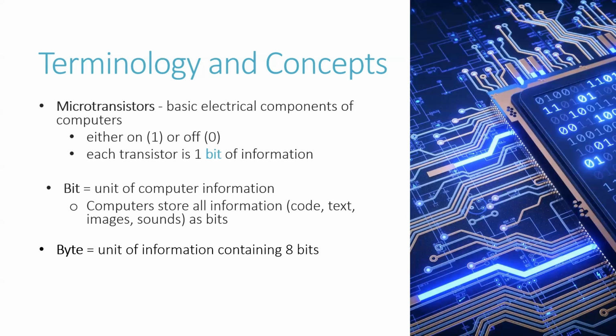In the same way, by parallel in a computer, when you put together bits, you get a byte. Specifically, when you put together 8 bits in a row, that is a byte. So a byte is a unit of information, like a word if you want. It contains 8 bits. So for those, going back down to the concrete, 8 microtransistors in a row, whether they're on or off, the information is held as 0 or 1.